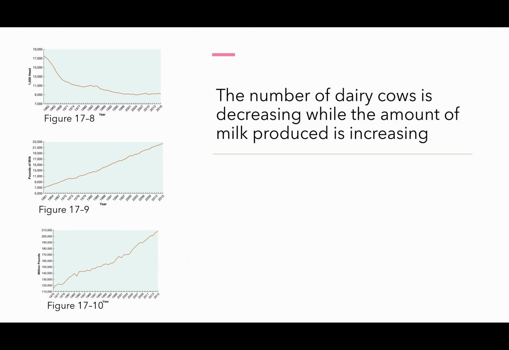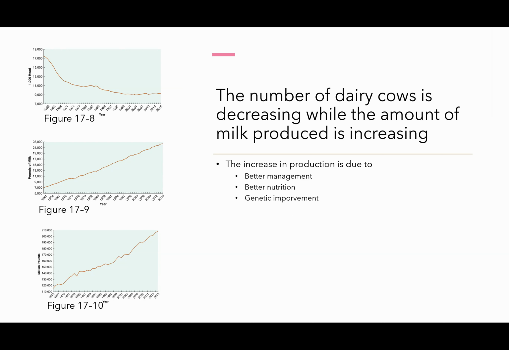So the number of dairy cows is decreasing, while the amount of milk being produced is increasing. The chart on the left, figure 17.8, shows that the number of cows is decreasing, but the next one shows that although the number of cows is decreasing, the amount of milk being produced and the million pounds are both increasing at a positive rate.